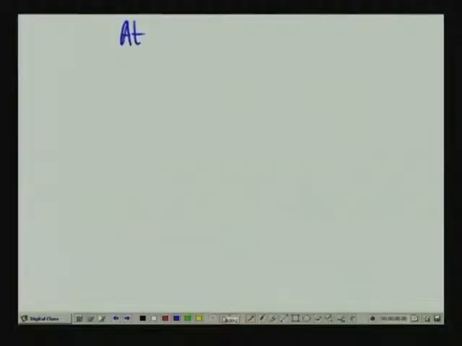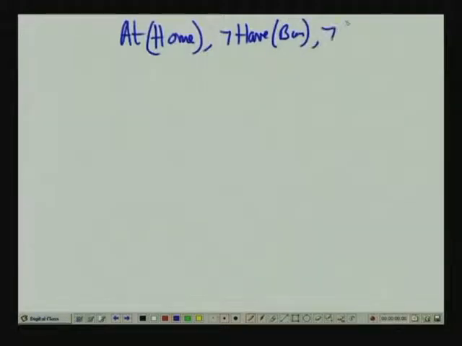So, suppose my initial state is at home, not have banana, not have money.